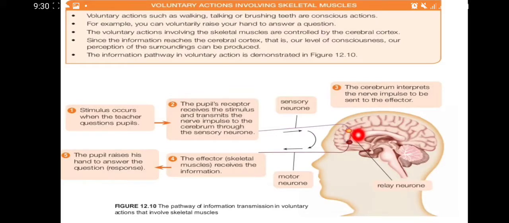The cerebrum will interpret the nerve impulse and then send it to the effector. The nerve impulse is carried by the motor neuron to the effector. The effector, in this case skeletal muscle, will receive the information, and the pupil raises his or her hand to answer the question, and this is the response. So, from stimulus until response.